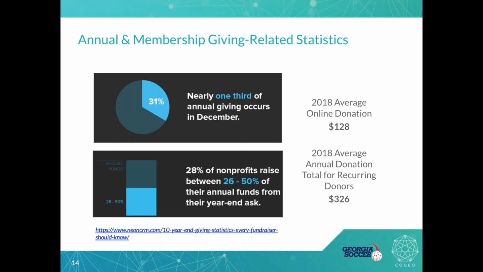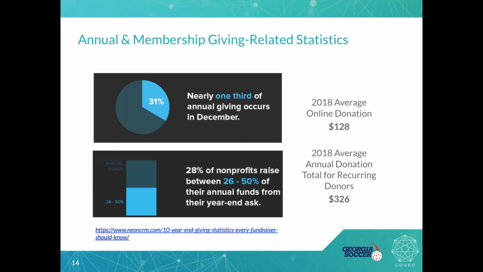And over a quarter of nonprofits raised almost half of their giving from that year-end ask. So much like retail shopping, to make an analogy to the retail industry, the same thing is true of fundraising. Most of it, a bunch of it, happens in November, December.